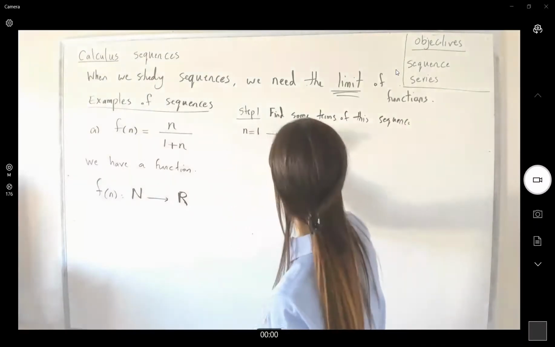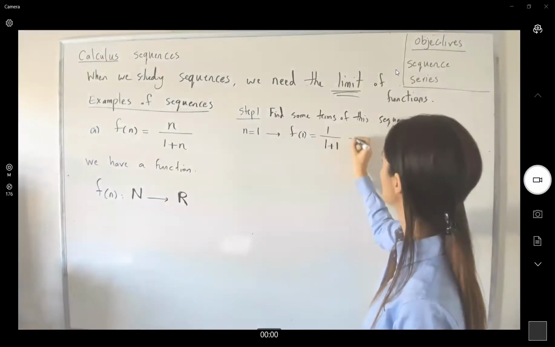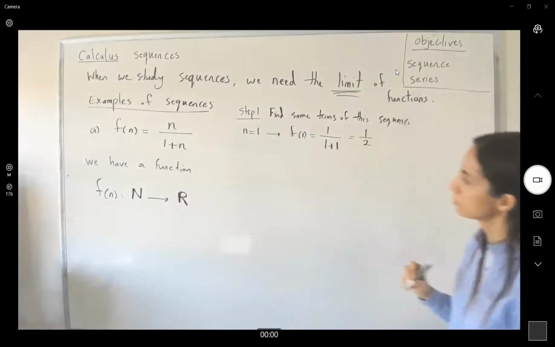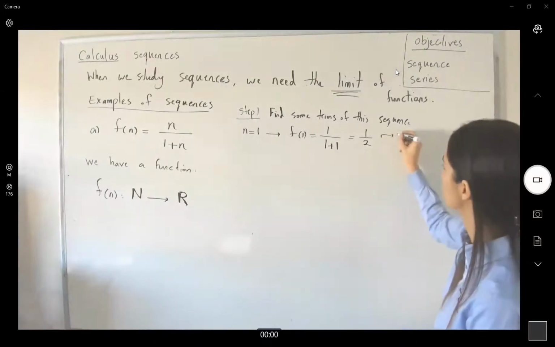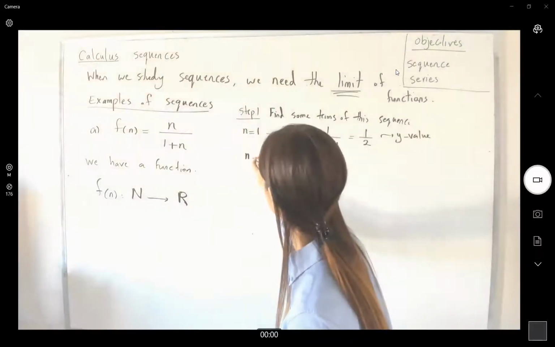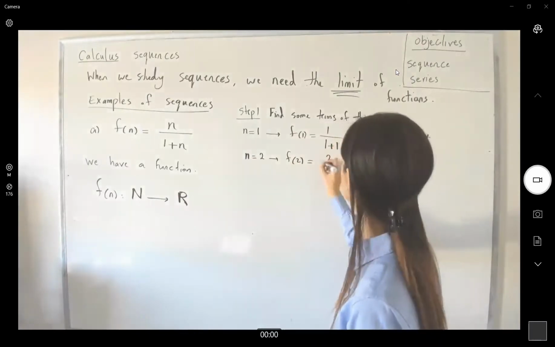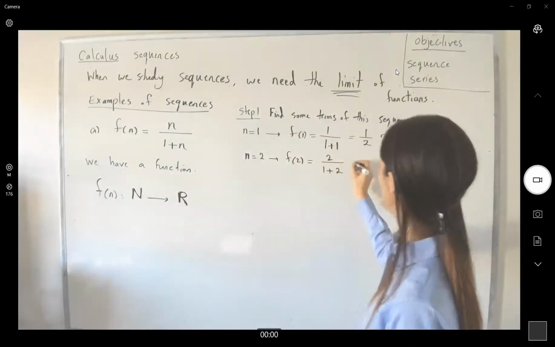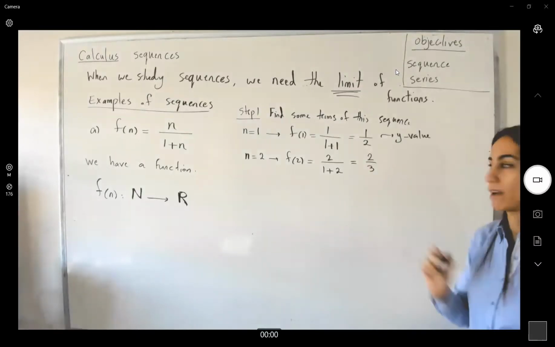It means that f of 1 is 1 over 1 plus 1, or a half. Next term, so this is your first y value. N is equal to 2. You get f of 2, which is 2 divided by 1 plus 2, or 2/3. This is your second y value.